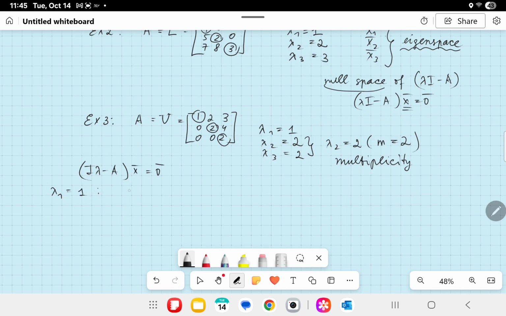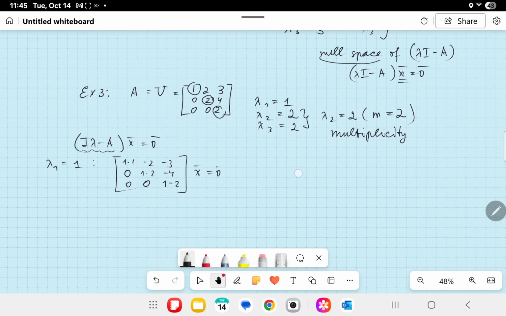So what do I have? 1 minus 1 for the first element, then minus 2, minus 3, 0, 1 minus 2, minus 4, 0, 0, and 1 minus 2, and that's supposed to be x equals 0. I just made up this matrix lambda I minus A, subtracting all elements of matrix A.